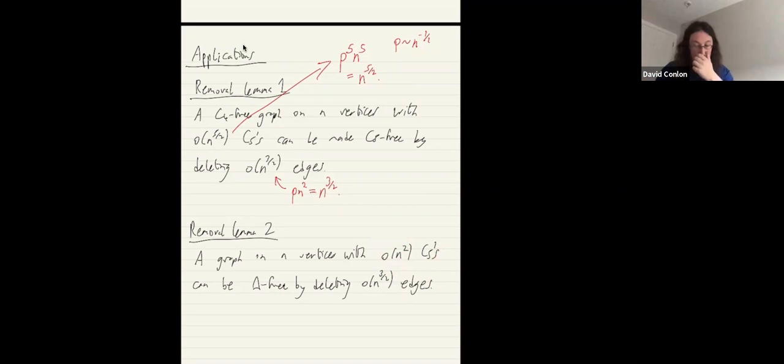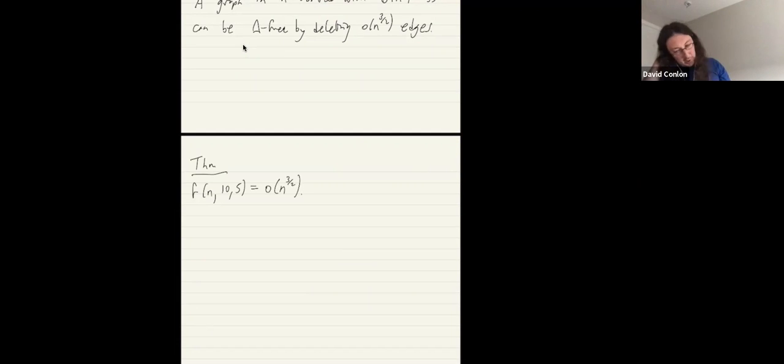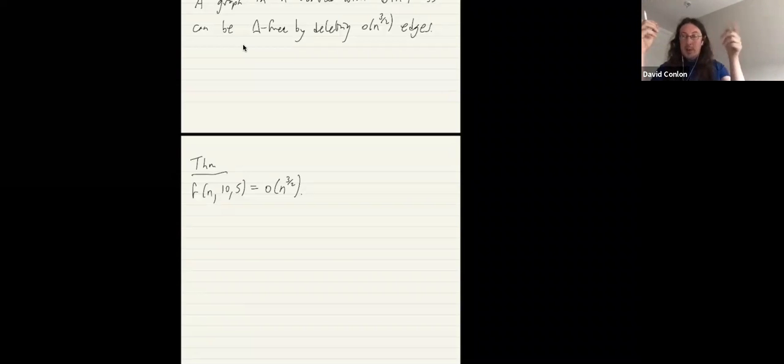All right, but this statement has various applications. One application, going back to hypergraphs, is that we can show that f_n(10,5) is equal to little o of n to the 3/2. Just to recall, this means that we have some 3-uniform hypergraph with n vertices, such that there are no 10 vertices that contain 5 edges inside those 10 vertices.